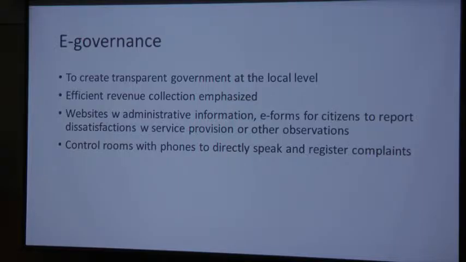But the other goals were websites with administrative information, e-forms for citizens to report dissatisfactions with service provision or other observations. Also the creation of control rooms to speak directly and register complaints. Okay, so all of these may not sound much to an American audience, but this is revolutionary in the Indian context where citizens had no voice to express any kind of complaint about the lack of service.